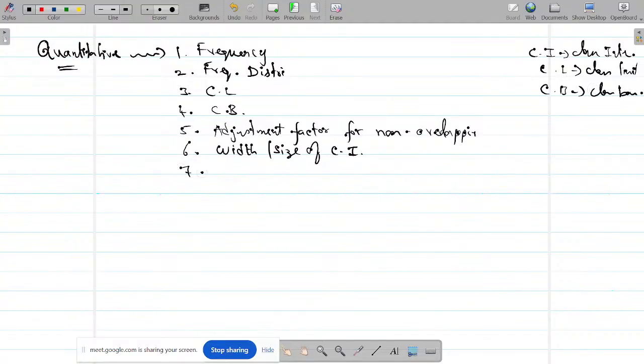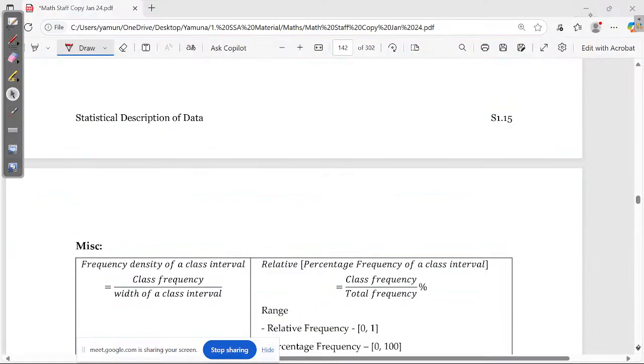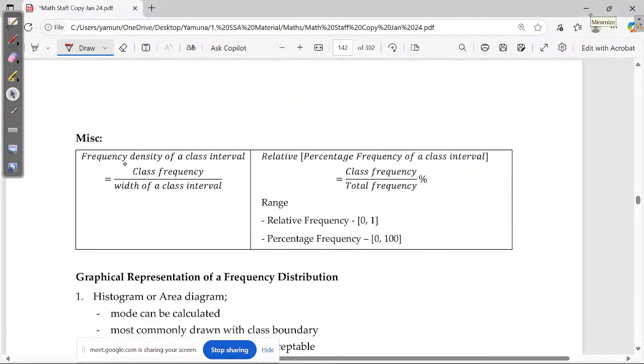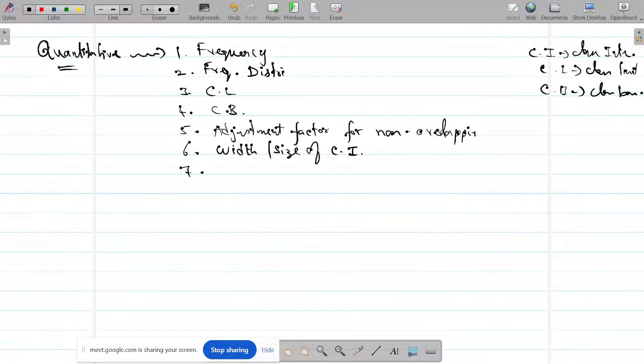Seventh one. This one. Frequency density and relative frequency.